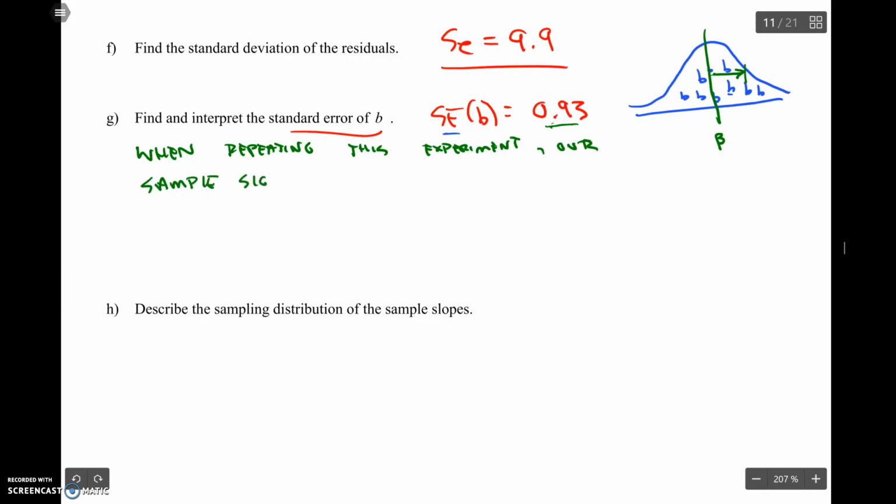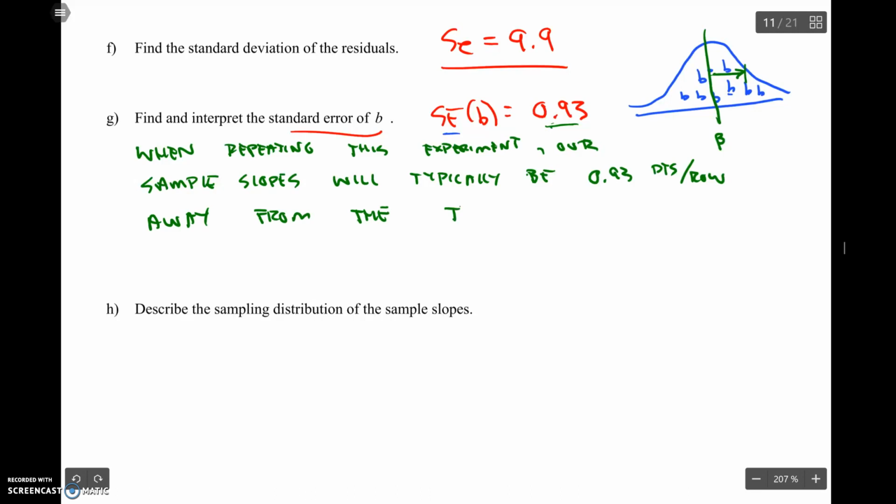Our sample slopes, or our experimental slopes, will typically be 0.93 points per row away from the true slope.